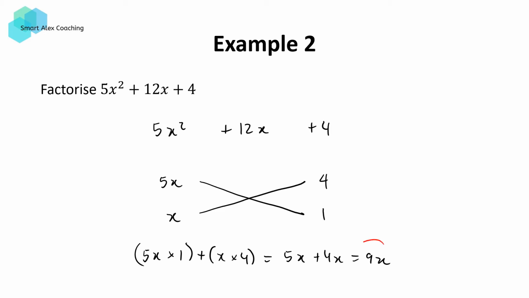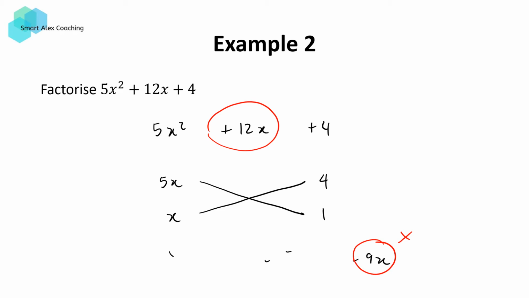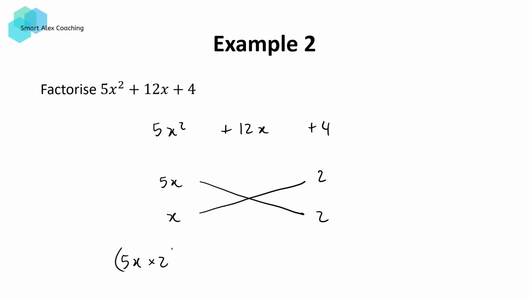But observe that this time 9x is not the same as 12x. So we know that we made an error. We didn't choose the correct terms or numbers. So we're going to give this another go. Rather than trying 4 and 1, I might like to try 2 and 2 instead. Multiplying them diagonally, 5x times 2 plus x times 2, we're going to get 10x plus 2x, which is 12x.